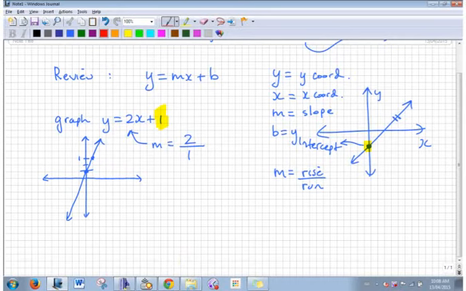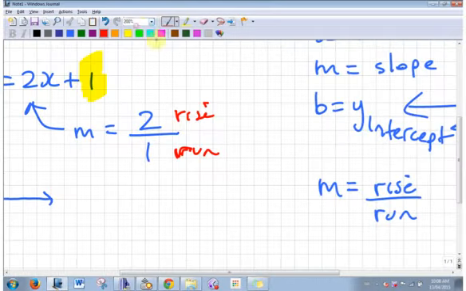I got the y-intercept, 1, and I've got my slope, 2 units of rise, 1 unit of run. Okay? 2 units of rise, 1 unit of, how do you spell run? R-U-N. Okay? Now, if you want to make a nice straight line, I can keep doing this. From this point, if I rise at 2 units of rise, 1 unit of run, it should go through there. Let's actually make this bigger.